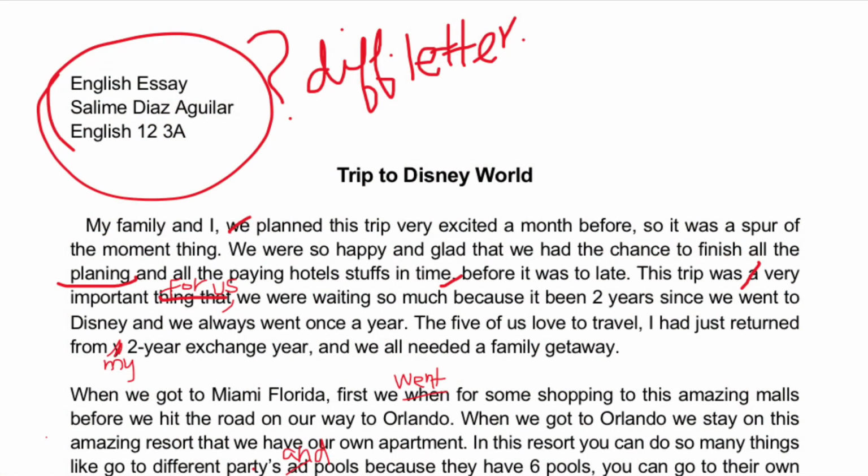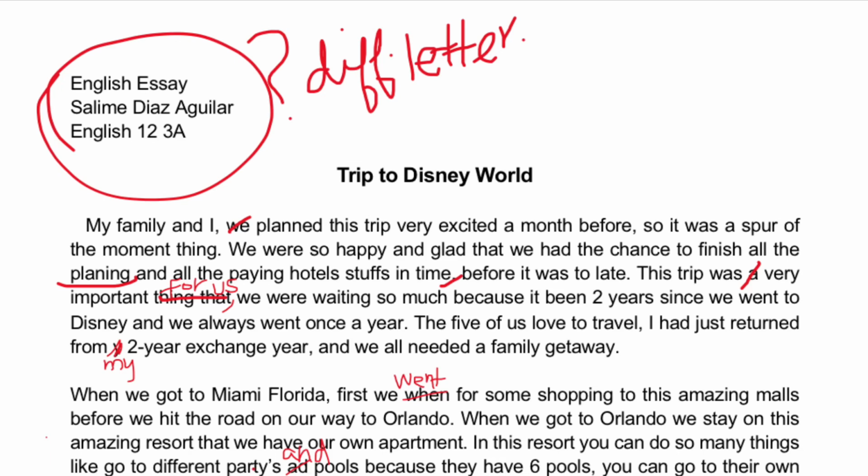Step number 4 is the draft of your essay. You're going to write your essay, all the stuff you have on your mind, and then after writing it, you need to correct all the misspelled words, all the points you missed, or the extra points you made, all the corrections. You're going to do it right now. This is my essay.